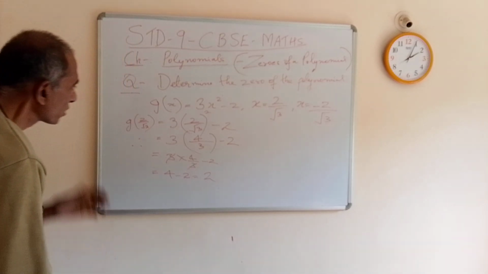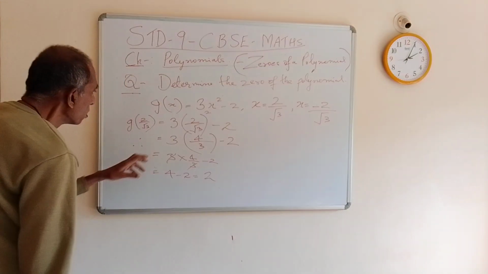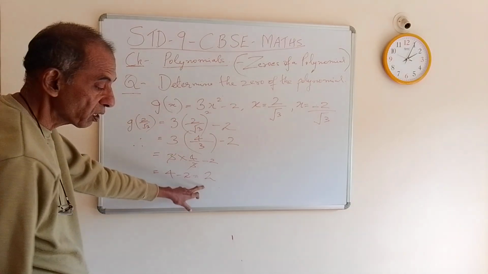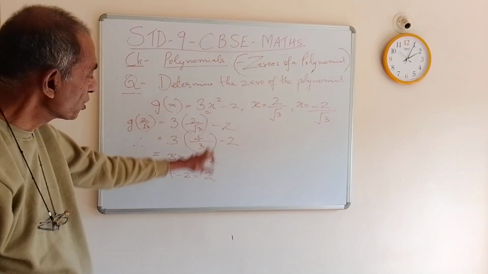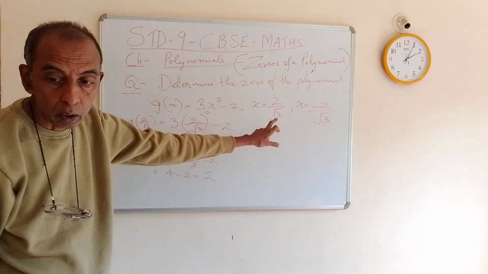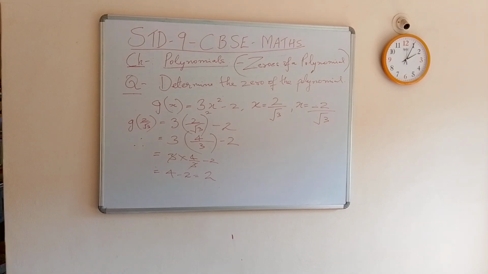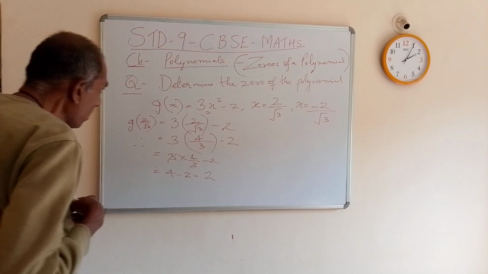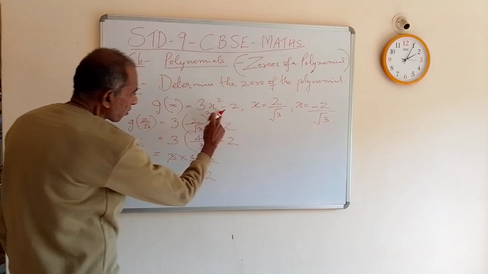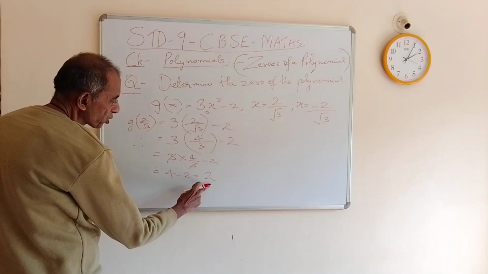So now we substitute x. This is not a zero of the polynomial, because when we have taken x as 2 upon root 3, we are not getting a 0. When we solve this expression with x as 2 upon root 3, the answer we get is 2.